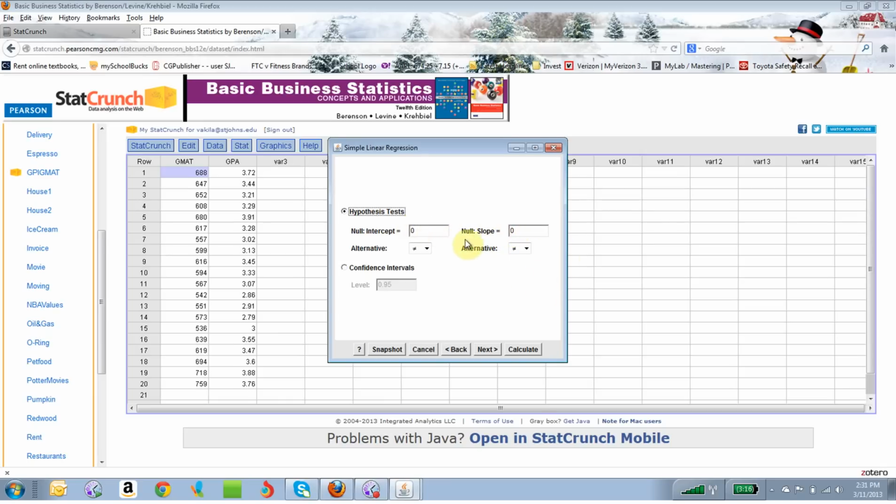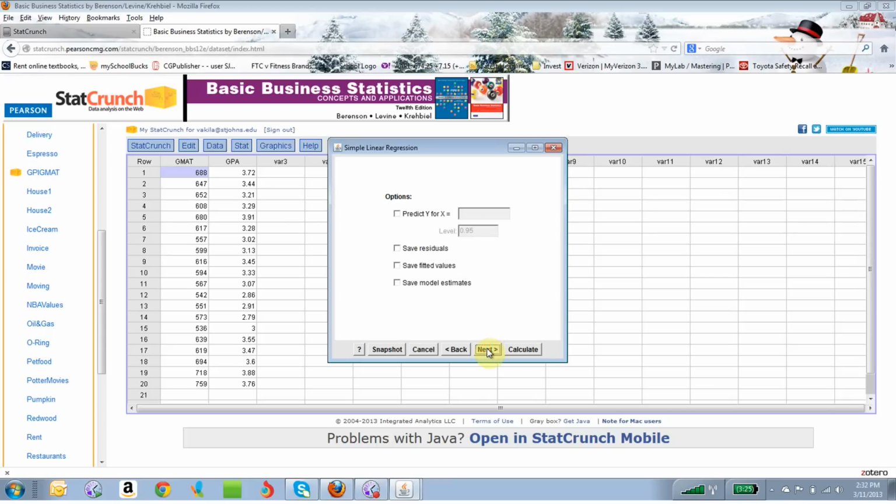This is more important, equality of the slope to 0 against the alternative that slope is not equal to 0. I could change it if I want, but usually we are testing in this class, in simple and multiple regression, for slope either equal to 0 or not equal to 0.